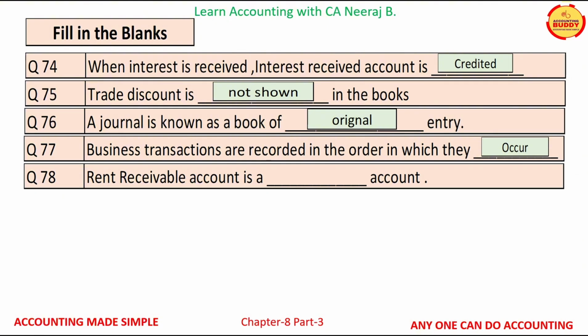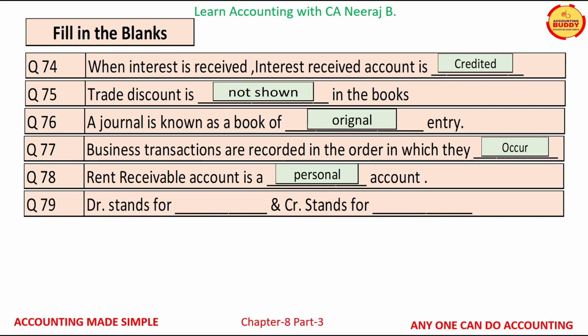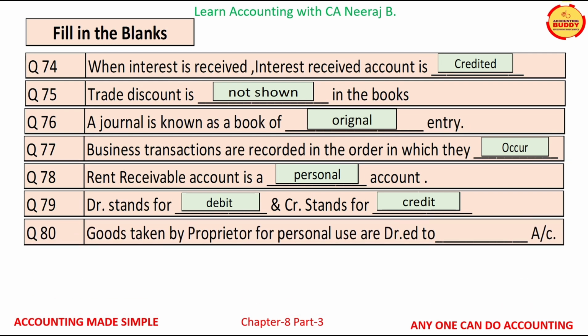Question number 78, rent receivable account is a dash account. The correct answer is personal account. Question number 79, DR stands for dash and CR stands for dash. The correct words are debit and credit. Question number 80, goods taken by proprietor for personal use is debited to dash account, is debited to drawings account.